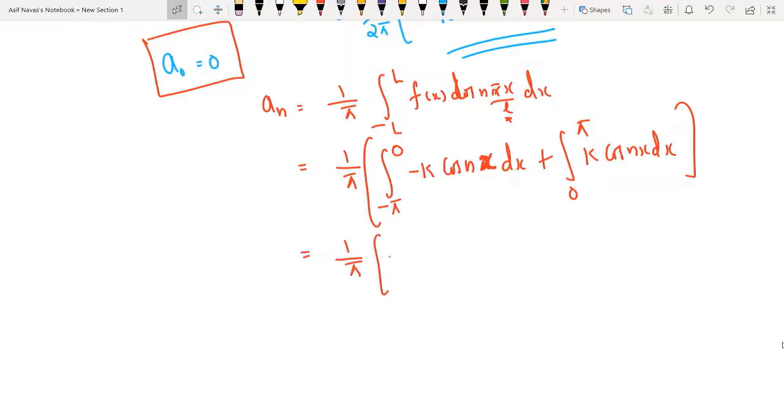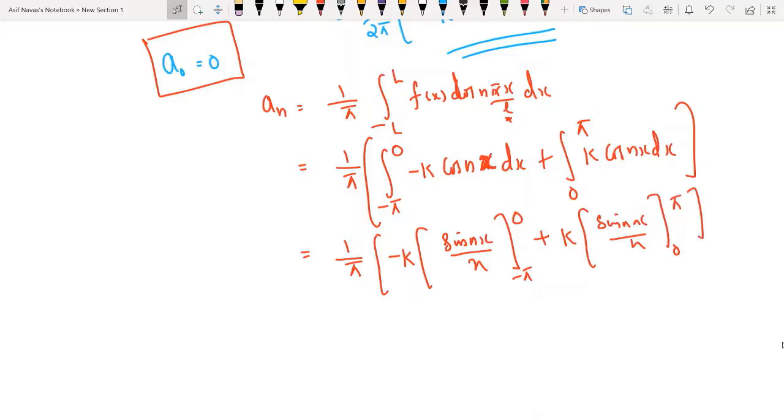You can take minus k outside, and the integral of cos nx is sin nx divided by n, from minus pi to 0, plus k times again the integral of cos nx, sin nx divided by n, from 0 to pi. So this is 1 by pi, minus k times sin 0, which is 0, minus sin of minus n pi, that is again 0.